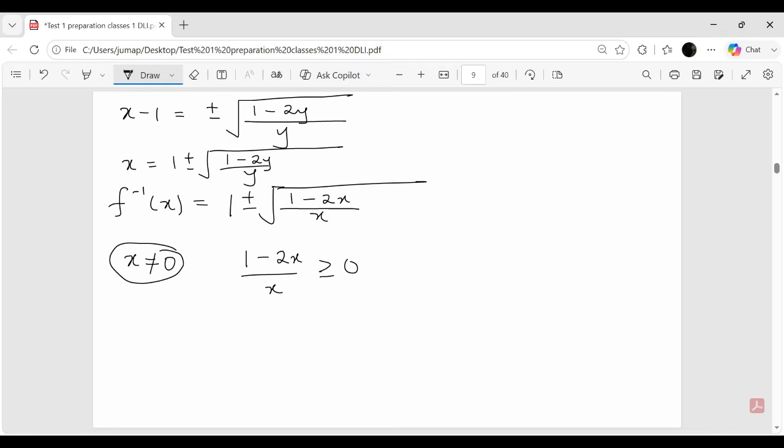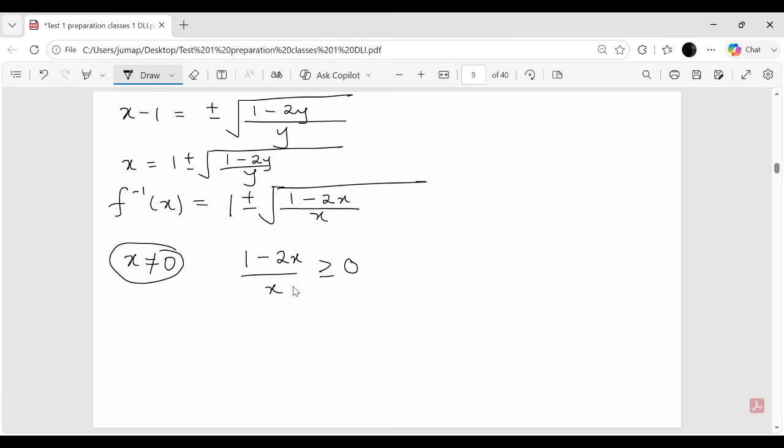So now, here again, you're going to realize that if we have a square root of this one inside here, it has a limit. It cannot work for negative values, okay? And the limit must be 0. So (1 minus 2x) over x must be greater than or equal to 0 for us to have valid solutions.